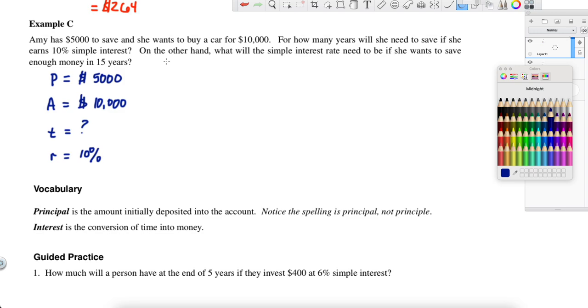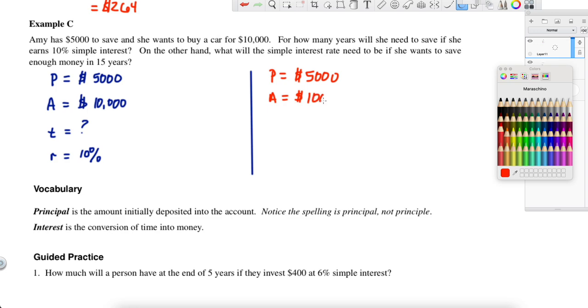And then it says, oh, well, what will the simple interest rate need to be if she wants to save for 15 years? Okay, so we're asking two questions here. One is, what is the T for this scenario? And then we're asking, if we think of it in terms of the rate, sometimes you can shop around for different interest rates.